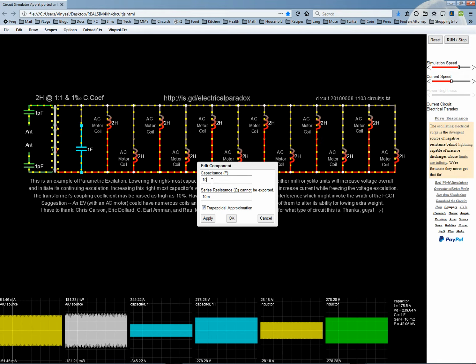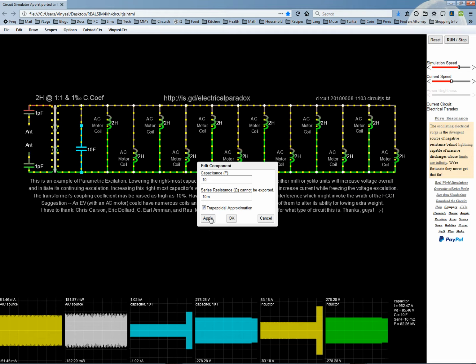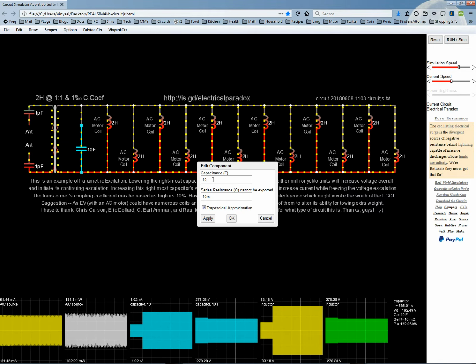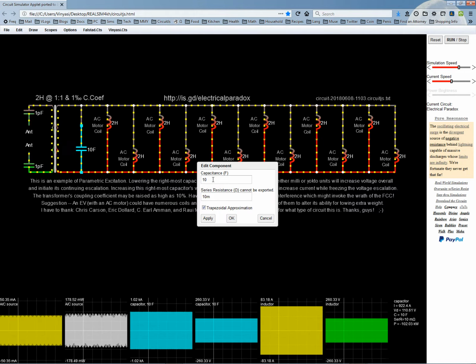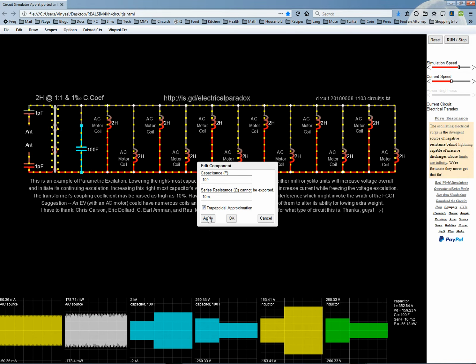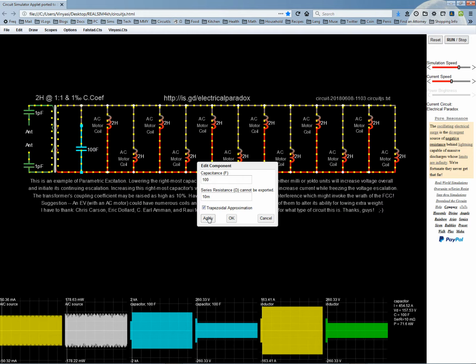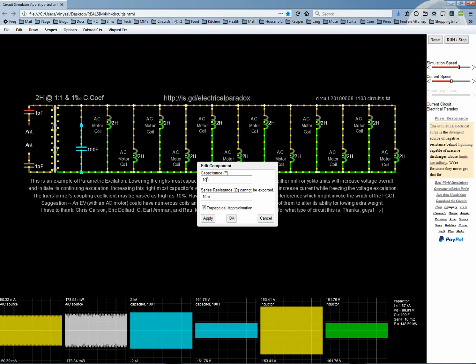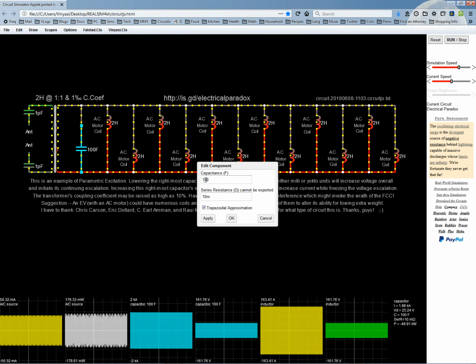Let's try going up a little higher. See, if you overshoot, you can go to whatever value you want to go to. So I could go to 100, and my amps will still go up, and my volts will still go down. Oh, how nice. Look at that. So let's try 150.